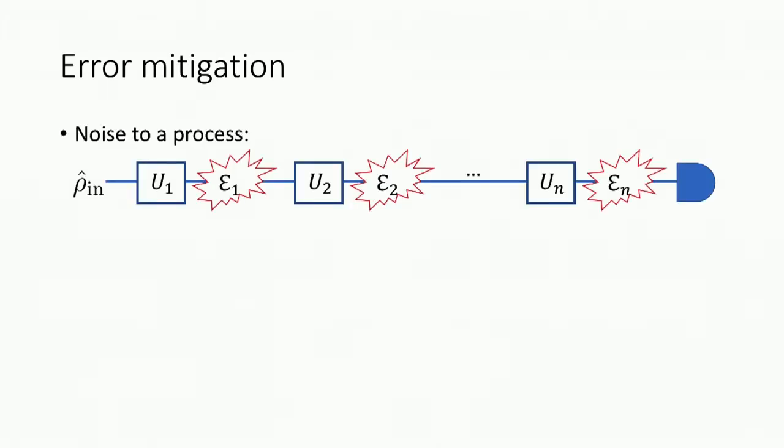This talk is about how to mitigate errors for this kind of shallow circuit. One method I will introduce is called error mitigation. What I will talk about is mainly digital quantum simulation, while the previous talk was about analog quantum simulation. For example, let's consider a quite general process, where we have a state rho in, and we apply several unitary gates sequentially, and then we perform some measurement.